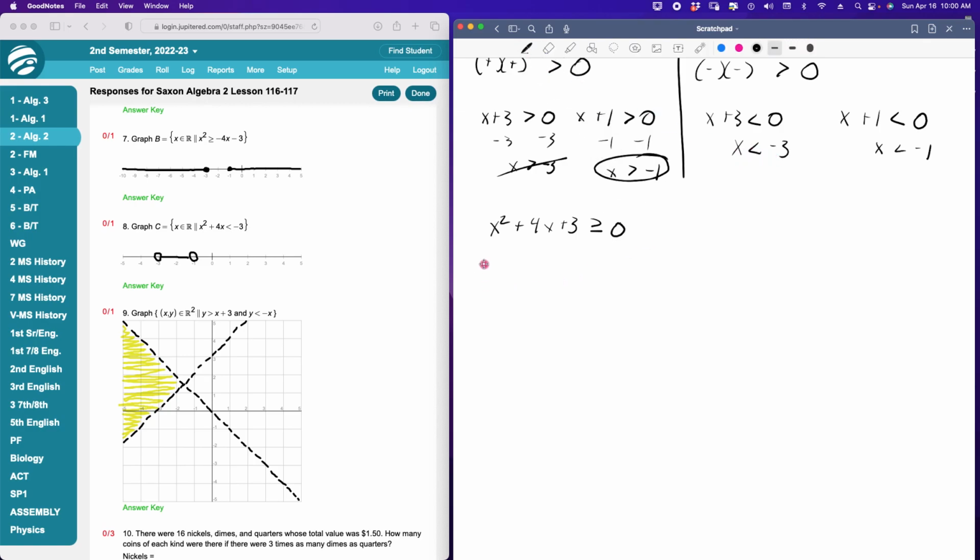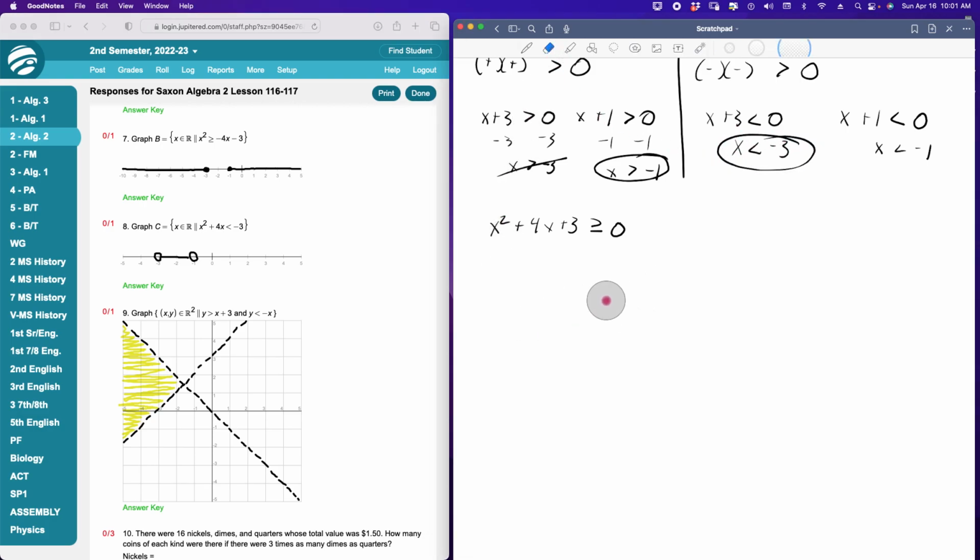Well, that would be negative 4. So negative 4 squared plus 4 times negative 4 plus 3, is it greater than or equal to 0? 16 minus 16 plus 3, that becomes 0 plus 3, and 3 is greater than or equal to 0. So this one is true, right?